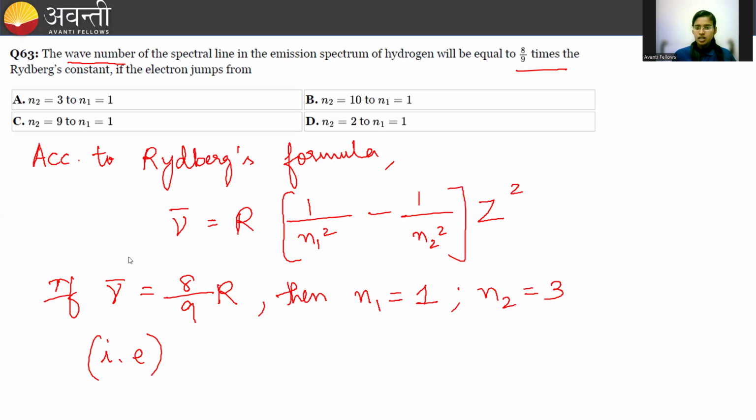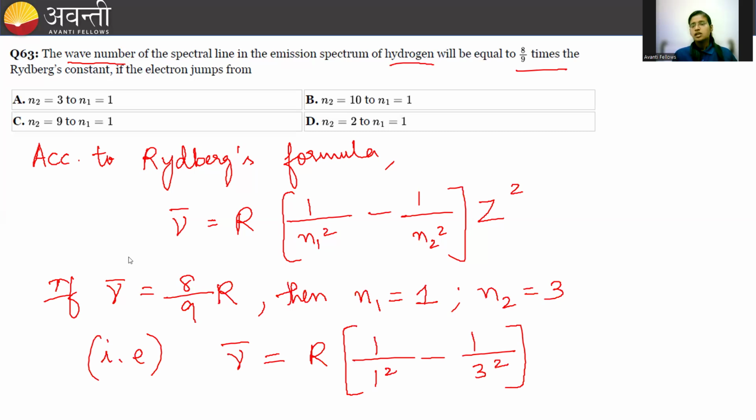That is, nu bar is equal to R into 1 by 1 square minus 1 by 3 square, and the Z value is 1 because it is for the hydrogen atom. The atomic number of hydrogen is 1, so it is 1 square.